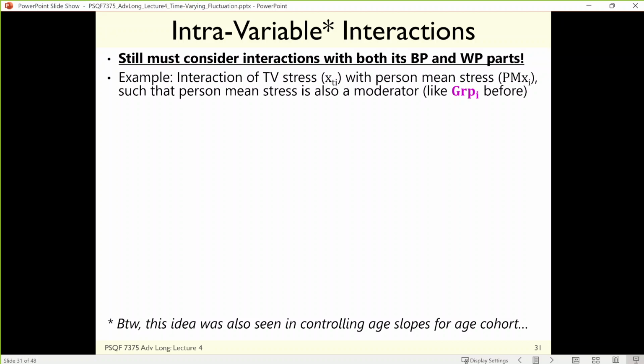So you can fit an interaction between the two parts. For instance, if I had stress measured daily and I had person mean stress and I put an interaction in the model, if I have used person mean centering, that interaction is going to tell me if the effect of more stress than usual depends on how much stress I tend to have.